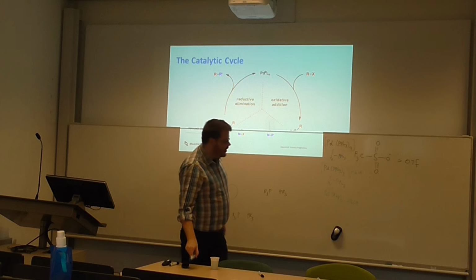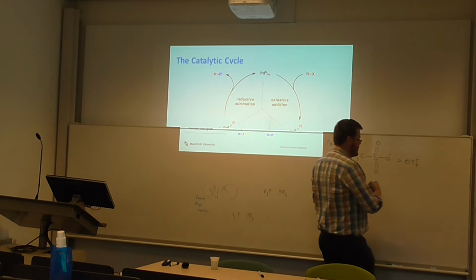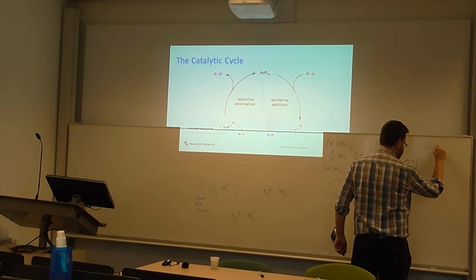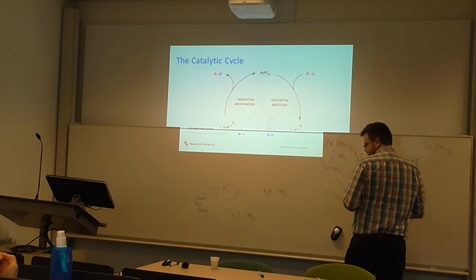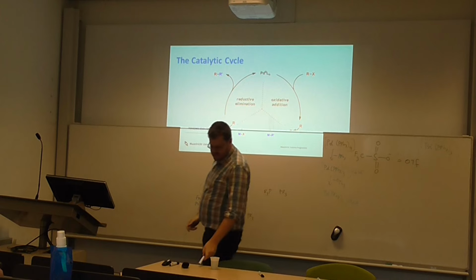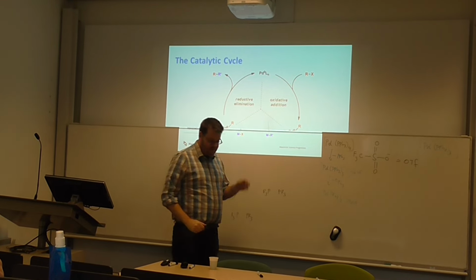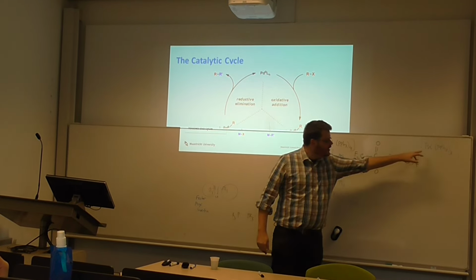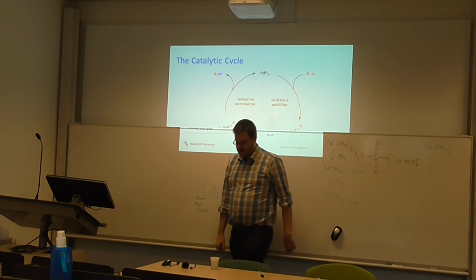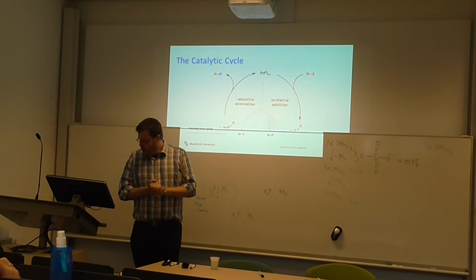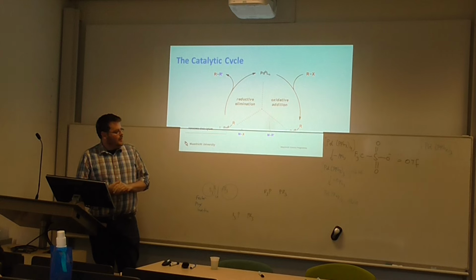I also made another one, which is, I've made this one as well. So you can isolate this. It's much more reactive because it's 16 valence electrons, but it's a beautiful crystalline, it looks like glitter, like gold, yellow material. So it's not that difficult to make them, all right?